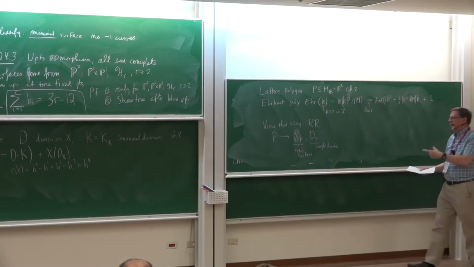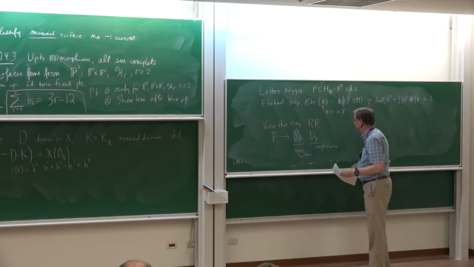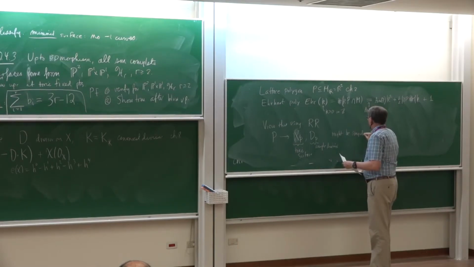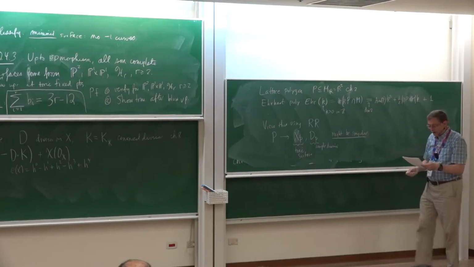But the problem is I can't apply Riemann-Roch to this because this might be singular. So we have to think a little bit about what's really going on if I'm going to actually try to apply Riemann-Roch to this.